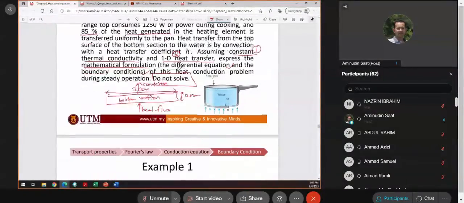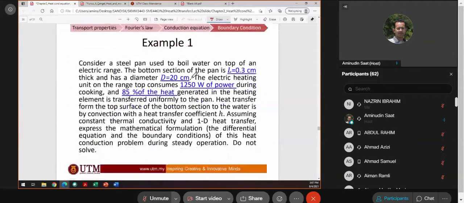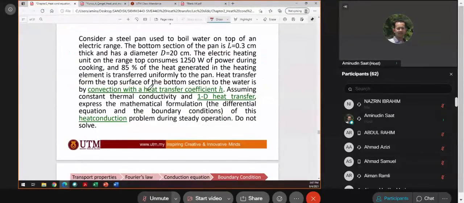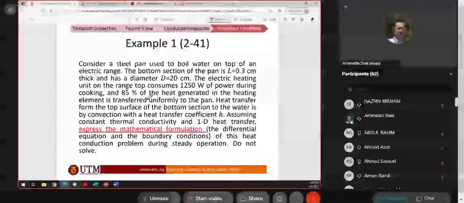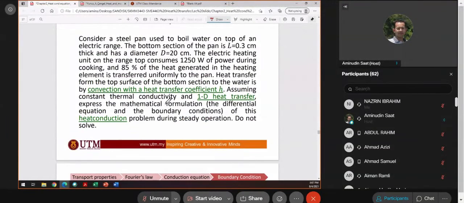So you look here, this is the problem. I show you the parameters that might be important for your problems, and then what you need to highlight is the requirement of the problems. You only need to express, you don't need to solve.